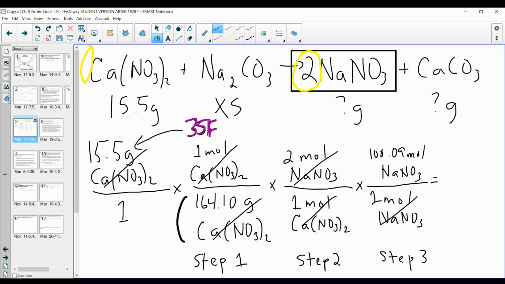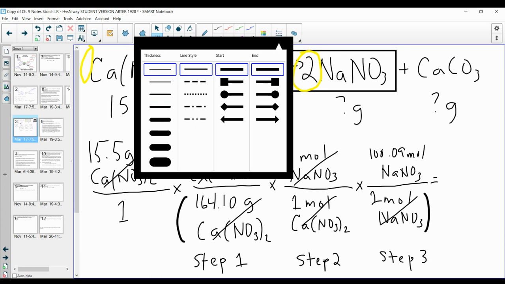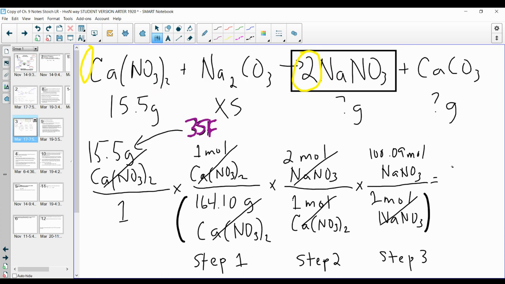Make sure you're putting parentheses around the denominator here. And our answer rounded to 3 significant figures is 9.45 grams of NaNO3. And so during this reaction with excess Na2CO3, we would produce 9.45 grams of NaNO3.